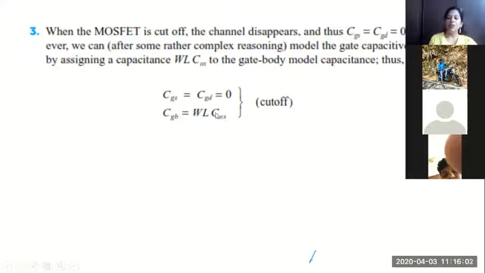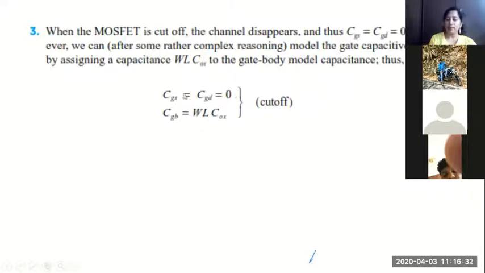So everywhere it is the same WL into Cox. In the triode region, it is half WL Cox. In the saturation region, CGS is 2/3 WL Cox, whereas CGD is 0. Whereas in the cutoff region, here we are thinking of the cutoff region of the characteristics when the device is off, gate voltage is less than threshold, then CGS and CGD are both 0.